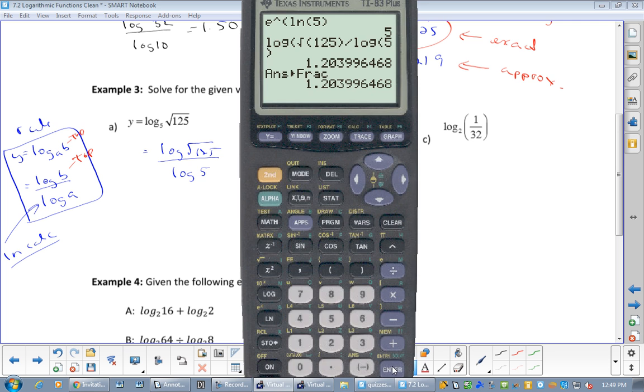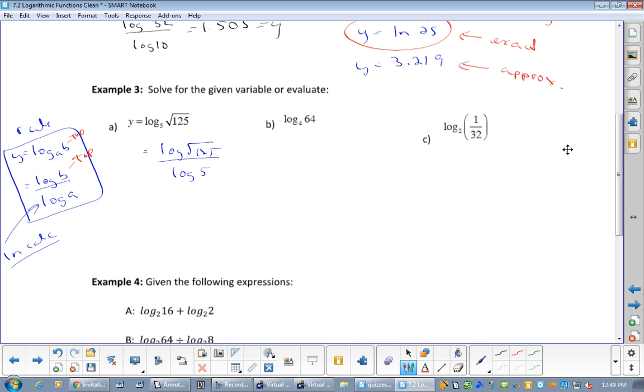Okay, because if we switch this, and if I put it into exponential, exponential would be square root of 125 equals 5 to the y, correct? This is the same thing as 125 to the 1/2 equals 5 to the y, right? Because square root's the same thing as a half. This is the same thing as 5 cubed to the 1/2 equals 5 to the y, right?